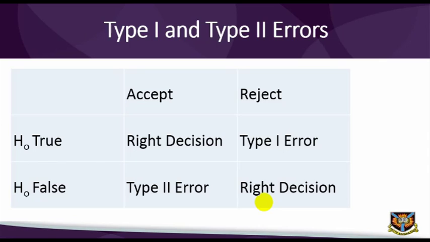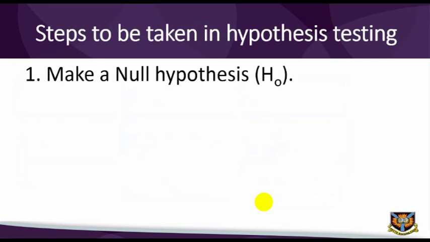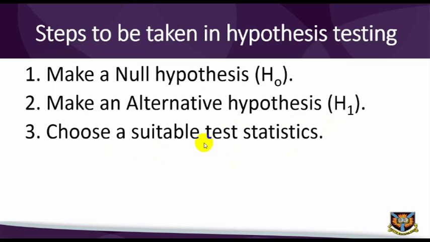Steps to be taken in hypothesis testing. You may adopt the following steps when testing a hypothesis. 1. Make a null hypothesis H0. 2. Make an alternative hypothesis H1. 3. Choose a suitable test statistic.